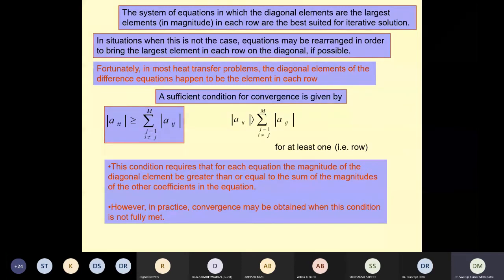So this is one thing you need to check: the matrix generated out of the discretization of your partial derivatives should have diagonal dominance. If you are lucky, that is fine; otherwise you have to do some combinations so that diagonal dominance can be obtained.